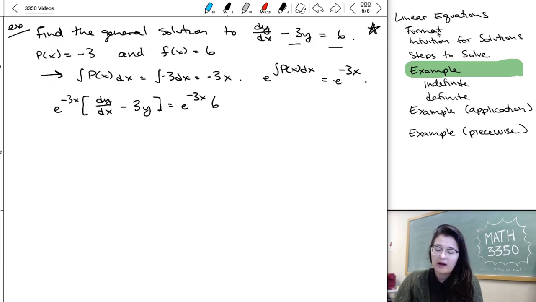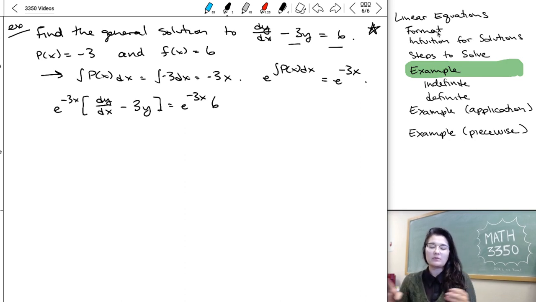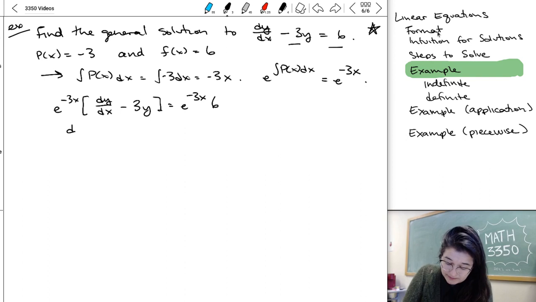And here's the part where I have to remember that I can undo my chain and product rules on this left side to pull out that one thing that's really easy to integrate.